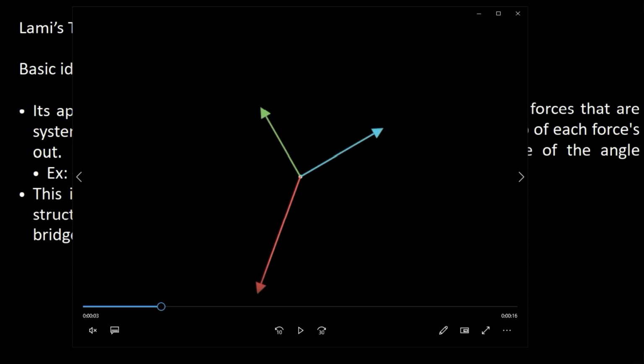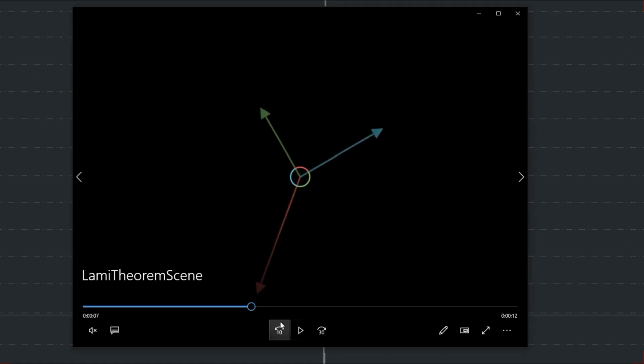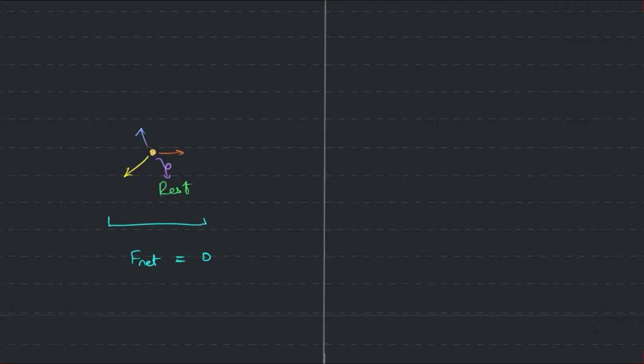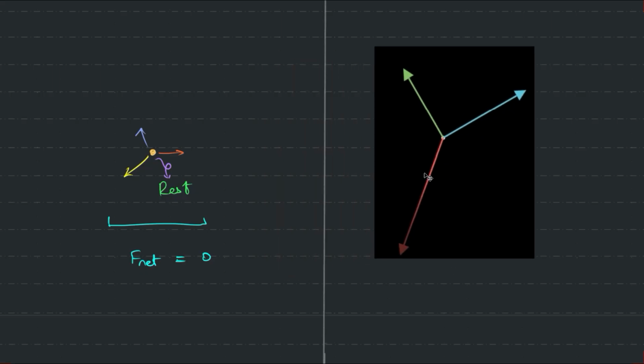Let me explain it this way. We have these three forces, right? Say the angles are alpha, beta and theta, and the forces are F1, F2 and F3.